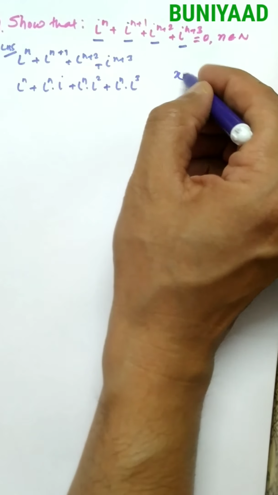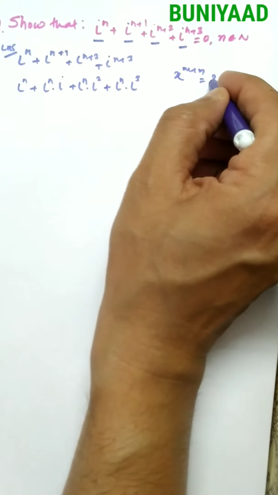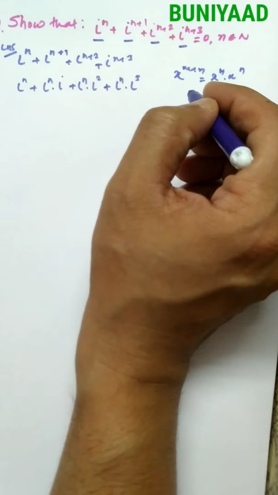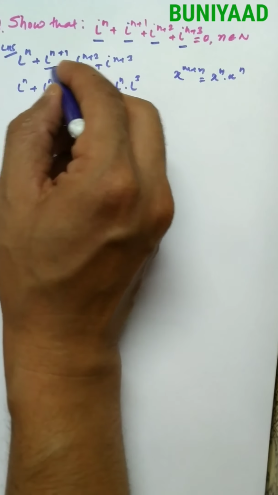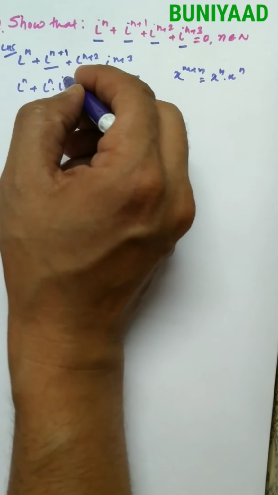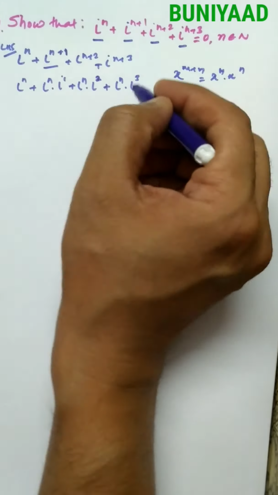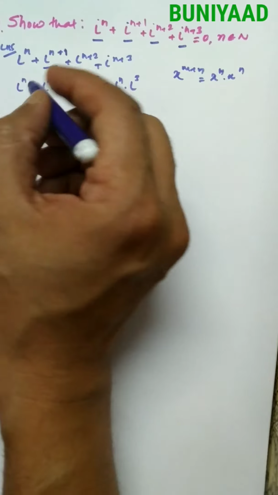There is a property: x raised to power m plus n is x raised to power m into x raised to power n. The same way we break each term like this.